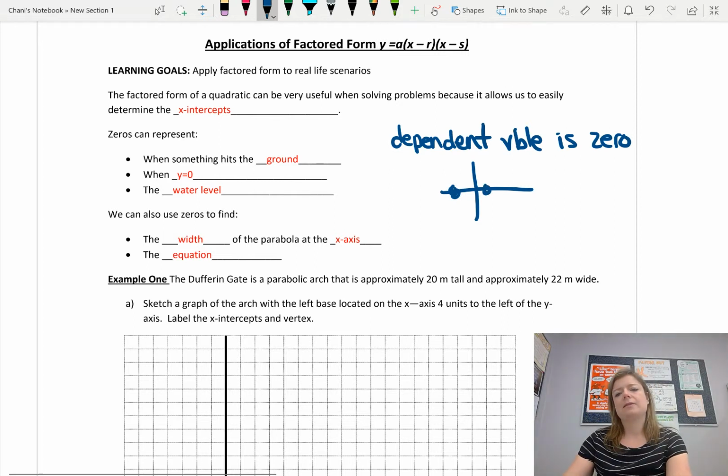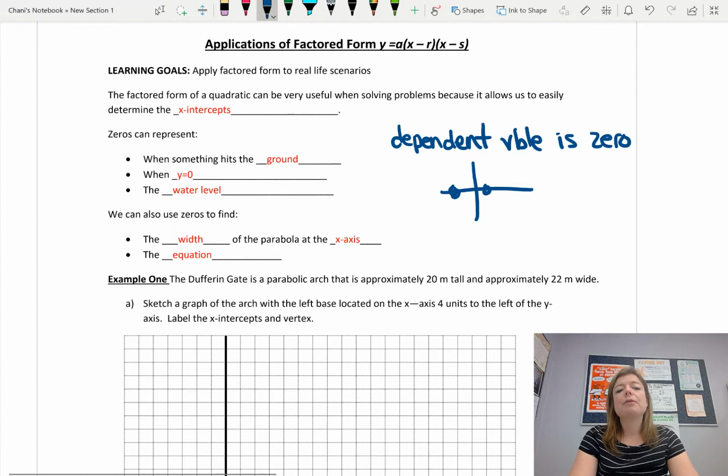So in this case, y is always equal to 0 or h or whatever it may be. So if you have something that is height versus time, then that would be when something hits the ground, when the height is 0. Then you want the x-intercepts. Or if you have a dolphin leaping out of the water, when it splashes and hits that water level, that is, again, the x-intercepts or the zeros.